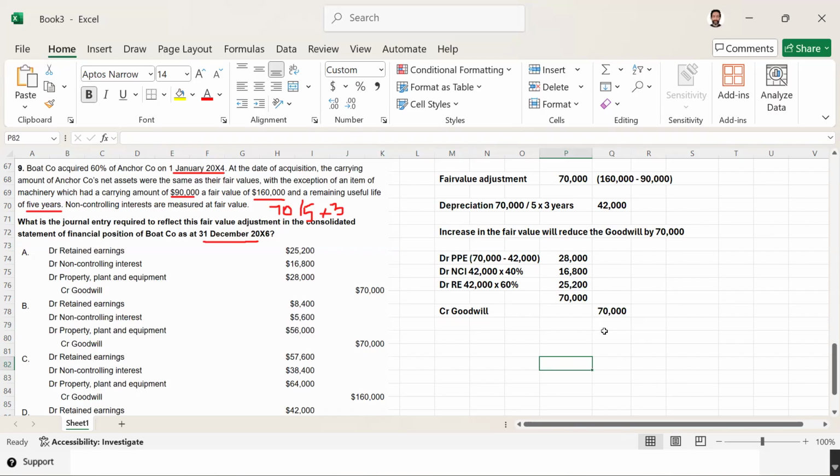Yes, students, I hope this makes sense. This is the debit entry and this is the credit entry. This one is the credit.